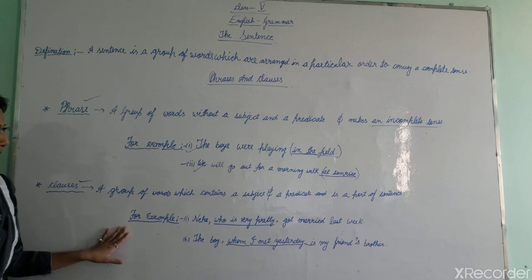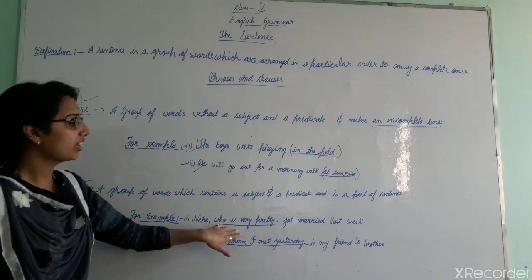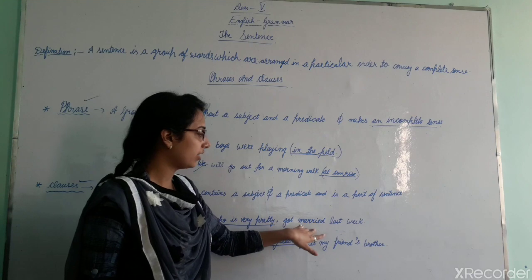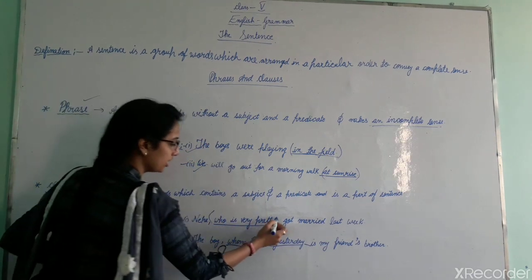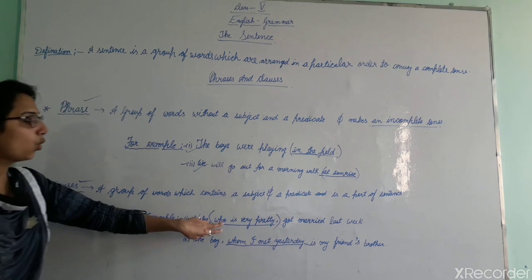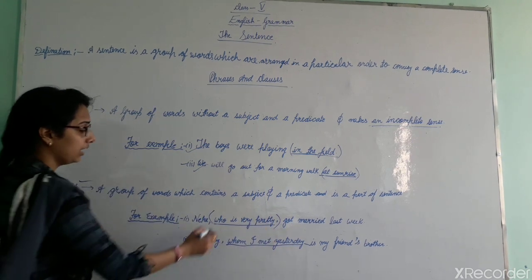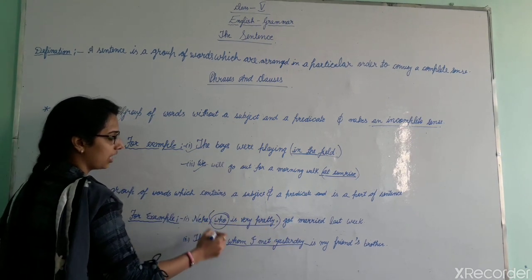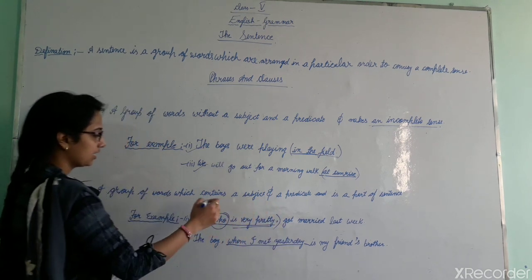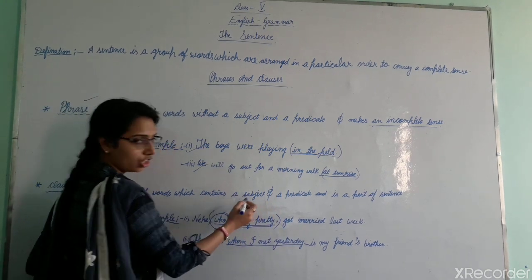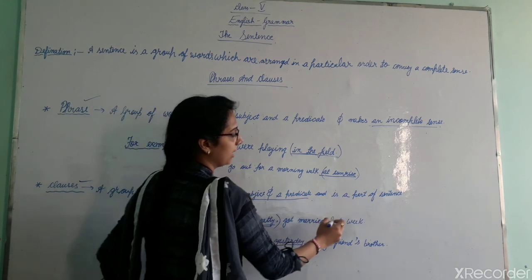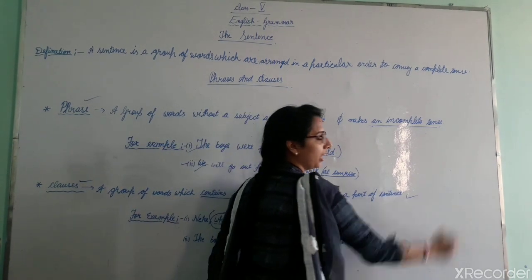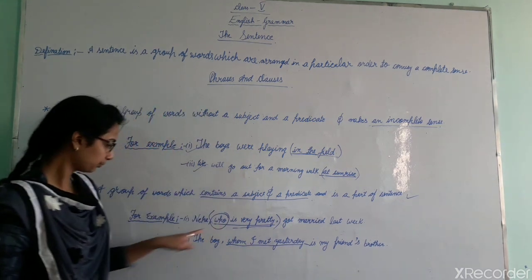If we take the example, Neha, who is very pretty, got married last week. Here, if we separate who is very pretty, then it contains a subject as well as the predicate. And the same thing we have studied in the definition also: it contains a subject and a predicate, and it is a part of a sentence which makes complete sense.